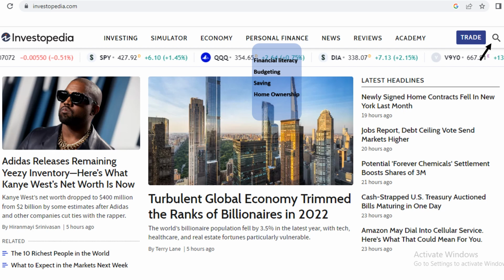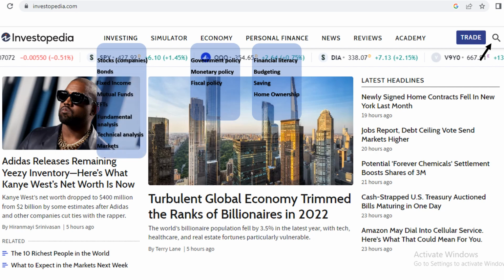So many lessons there. Under economy, you will learn about government policy, monetary policy and fiscal policy. You will learn things like inflation and deflation. Then lastly, we look at the investing tab. Here you'll find things on stocks, bonds, fixed income, mutual funds, ETFs, fundamental analysis, technical analysis, and markets.